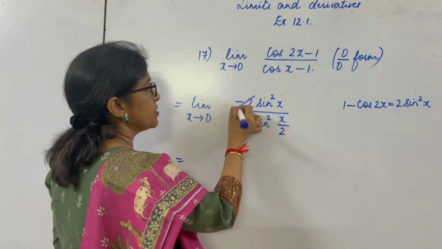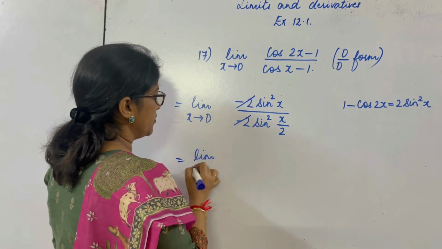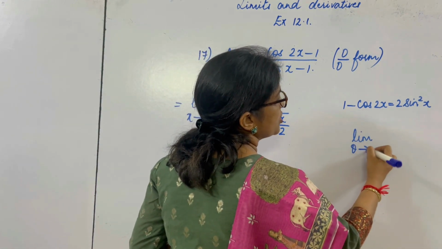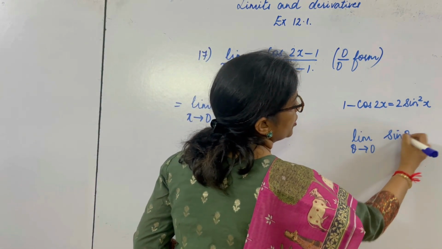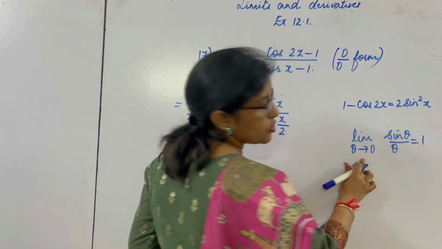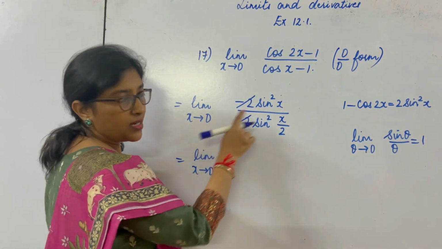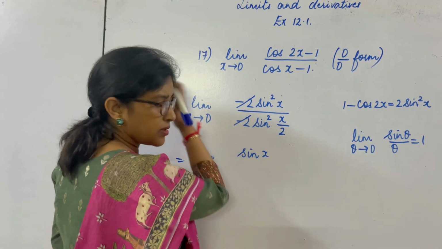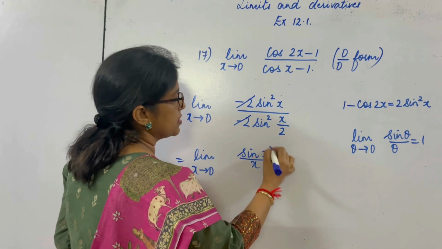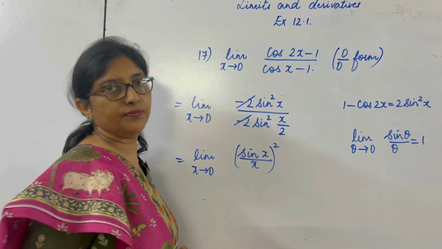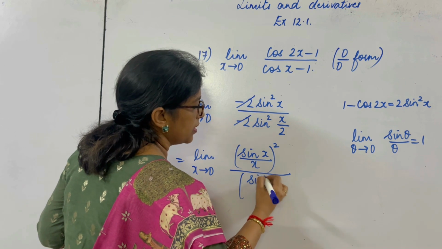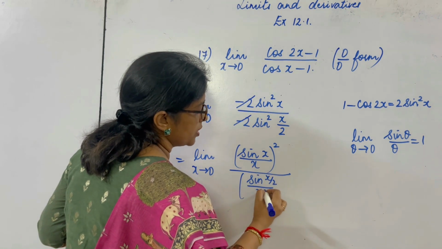Minus 2 can be cancelled, and as we know, applying the formula which we have done in the previous questions, sin theta upon theta when theta tends to 0 is 1. So, yes, x is tending to 0, but because this is sin x upon x, we need here, okay, square I have taken. Same way here, sin x by 2 upon x by 2.